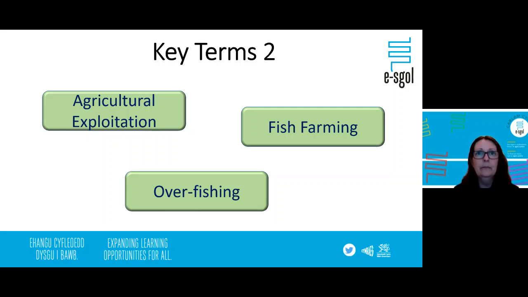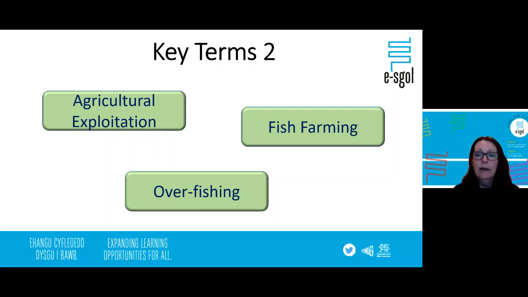Fish farming is when we breed fish in an enclosure to avoid overfishing, and overfishing is when we carry out too much fishing, excessive fishing in an area, and we can't replenish that naturally. So fish farming and overfishing are two terms that work together.